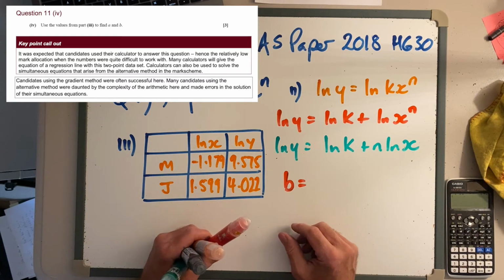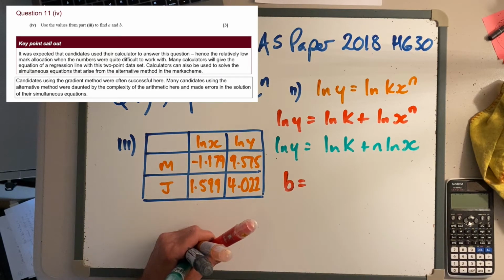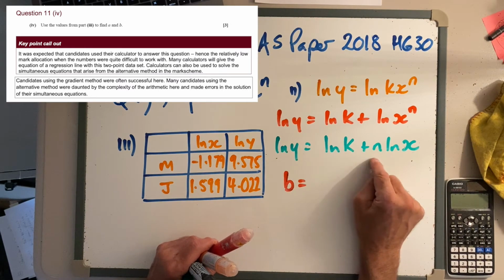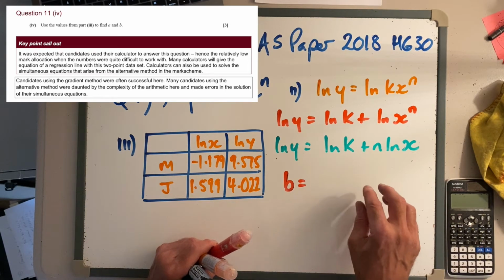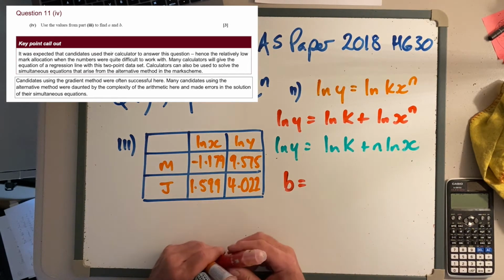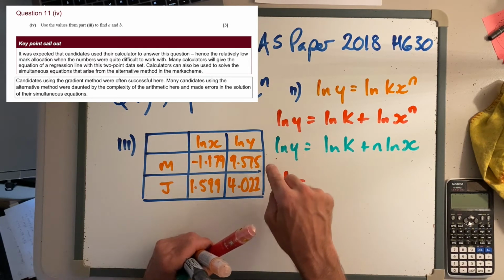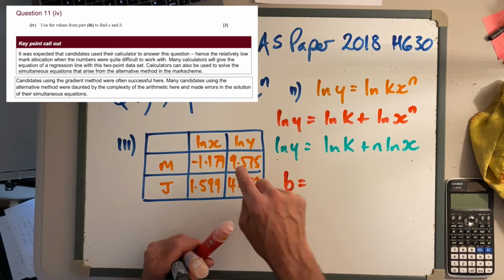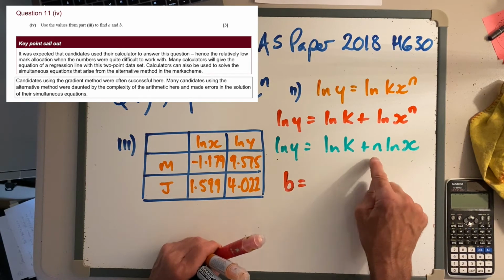I can look at the gradient, because that is the gradient, isn't it? So I'm going to do y1 minus y2 over x1 minus x2, boom. So that's what I'm going to do. So I'm going to do y1 minus y2, that minus that, divided by that minus that, and that will give me my gradient, because that is my gradient.